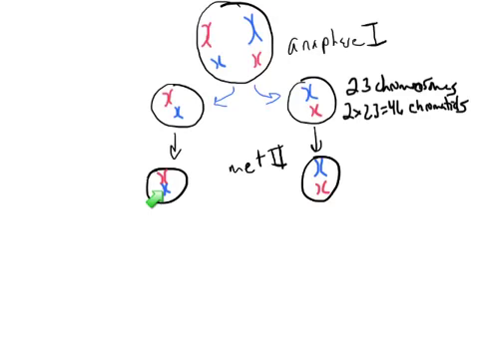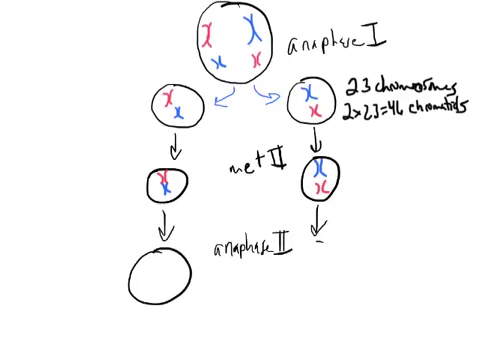Now, in Anaphase 2, this is one difference. In Anaphase 2, that's the point at which the sister chromatids split. And so basically the centromere is breaking down. The centromere that joins those sister chromatids together breaks down. The sister chromatids are pulled apart.